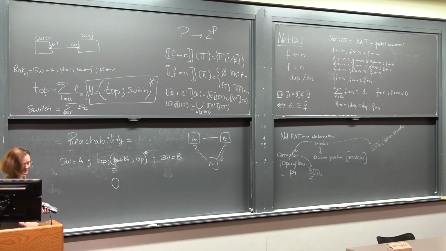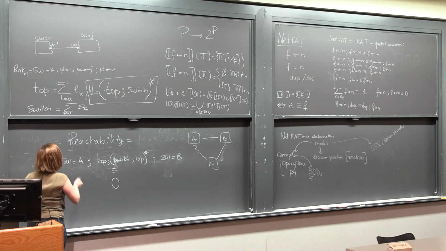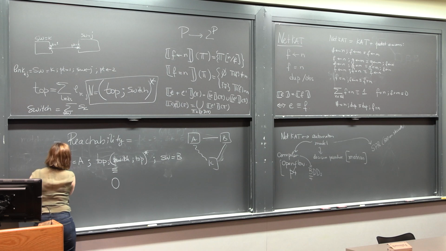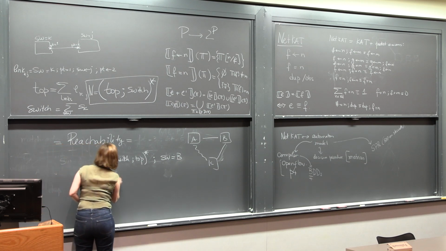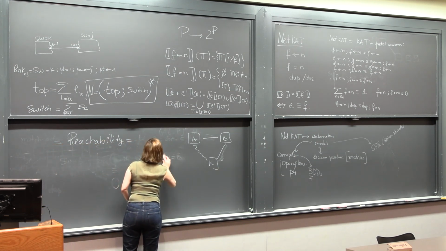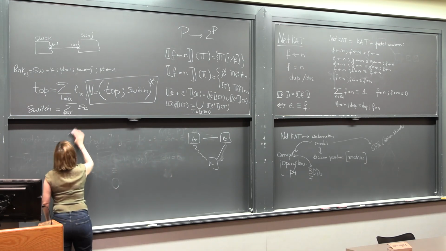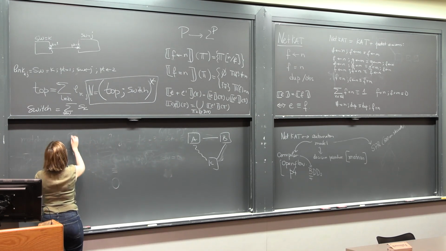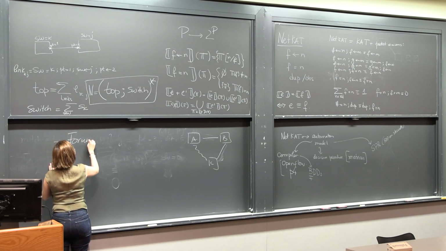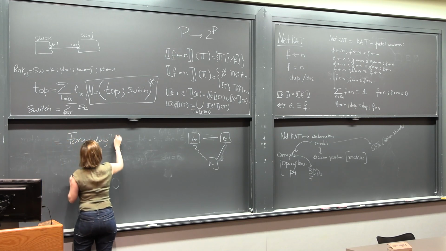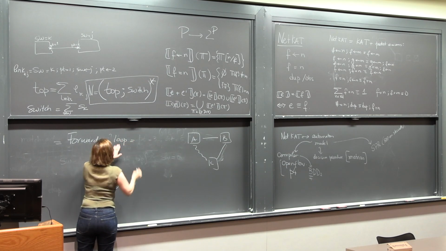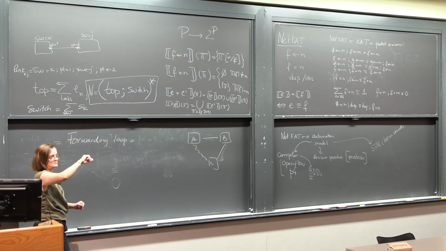What else can we check? Let me see. Yeah, forwarding loops. This is another property that sometimes you might want to check for networks. So what is a forwarding loop? A forwarding loop is when a packet keeps going through the same sort of state again and again.